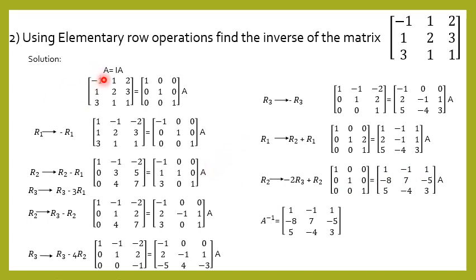First this becomes 1. In the second step all others become 0. In the next step the second element in the second row becomes 1. Then in the next step all other elements here and here become 0.